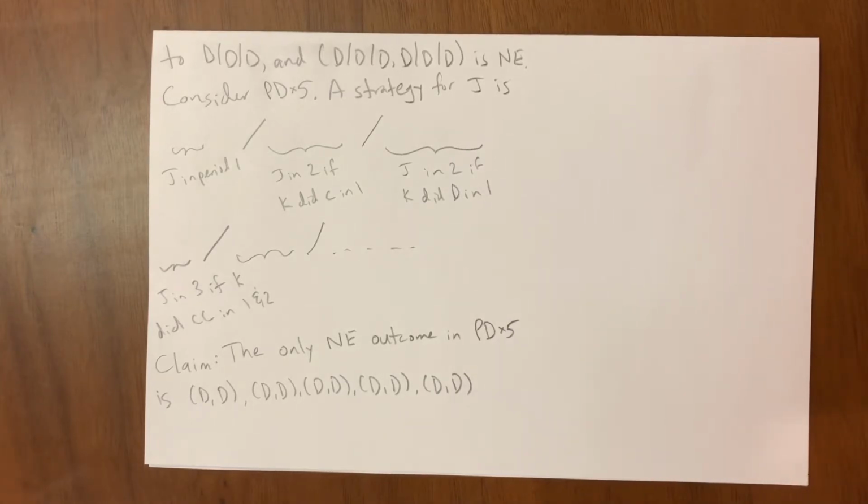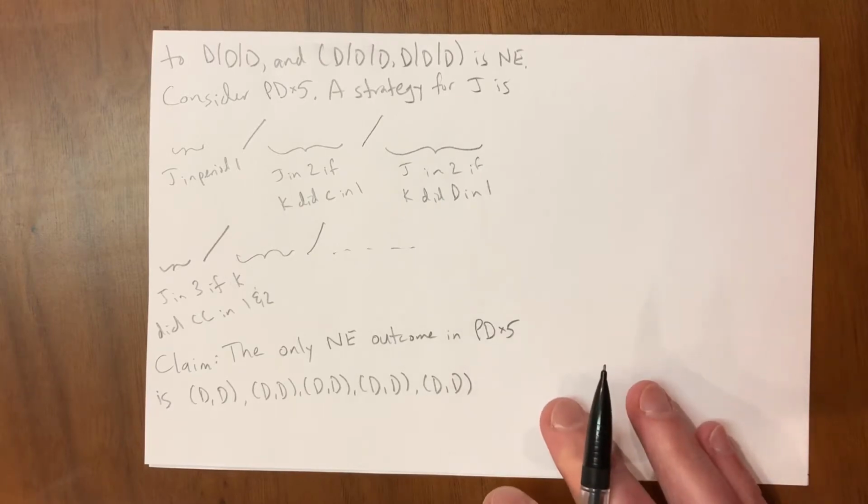So we're not necessarily saying, for example, that the players are just playing D no matter what. We're just saying that in the actual strategies that they play, they play D. Okay, so let's talk about how we are going to verify that that is the case.